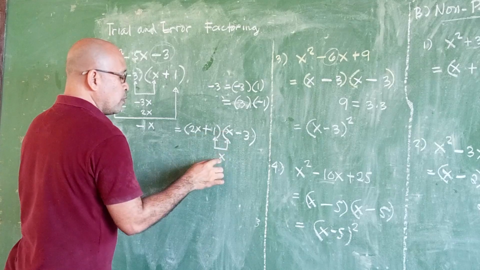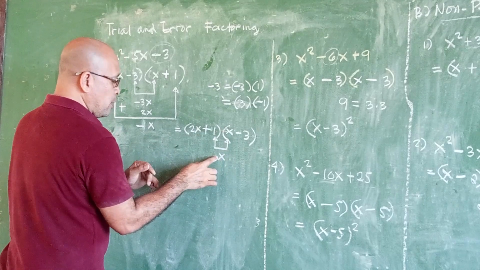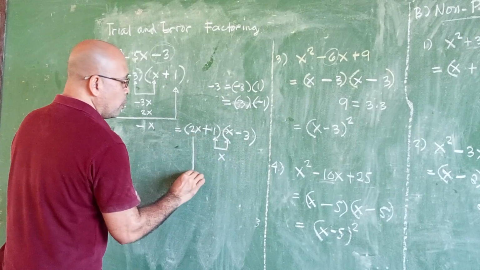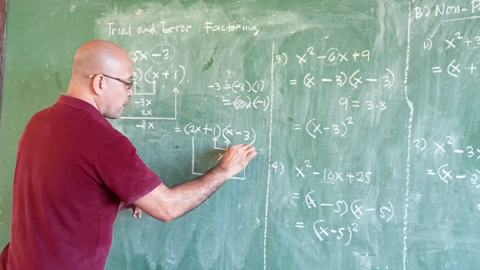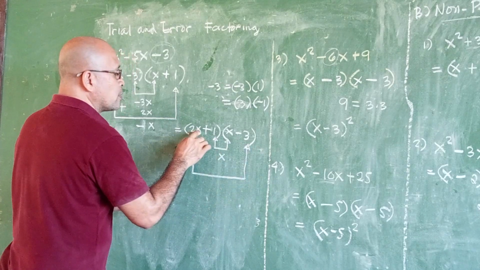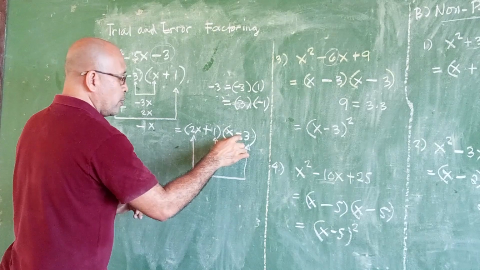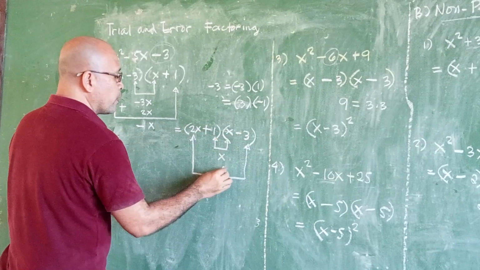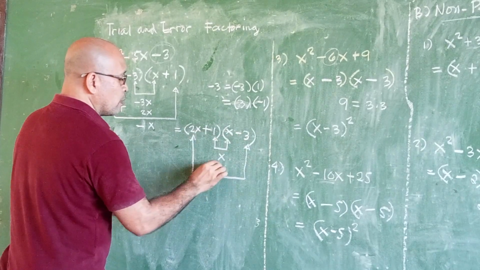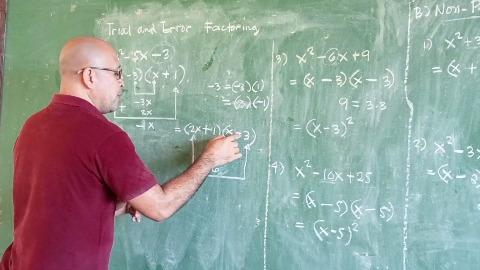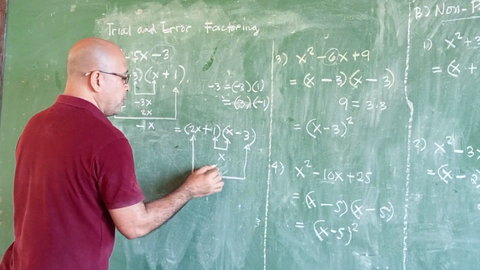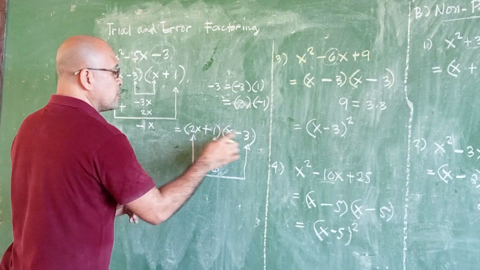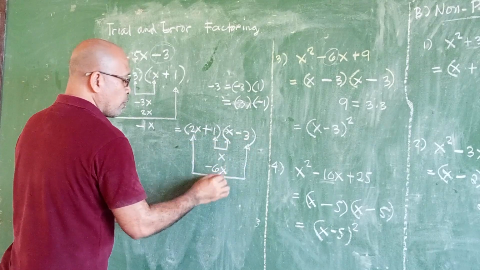Plus and positive, so technically the same sign, so positive. Then after that, you multiply 2x times minus 3, or negative 3. So 2 times 3, that is 6. And positive times minus, that is automatically negative. And bring down x since there's no variable here.